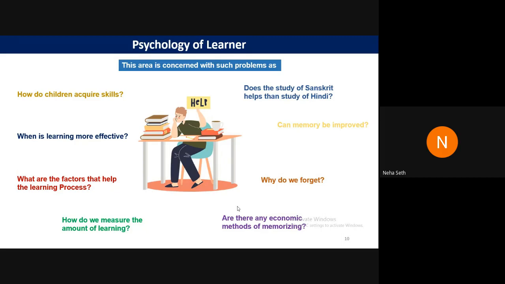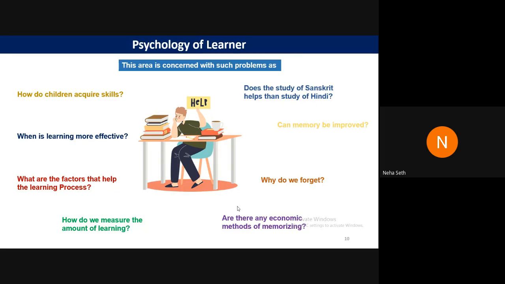What are the factors that affect the learning process? What are the external factors that affect the learning process that we can control? How do we measure the amount of learning? Is it the exams through which we can understand whether the students have learned something or not, or is there something beyond that as well? So, answers to these questions can be achieved by understanding the psychology of the learner.